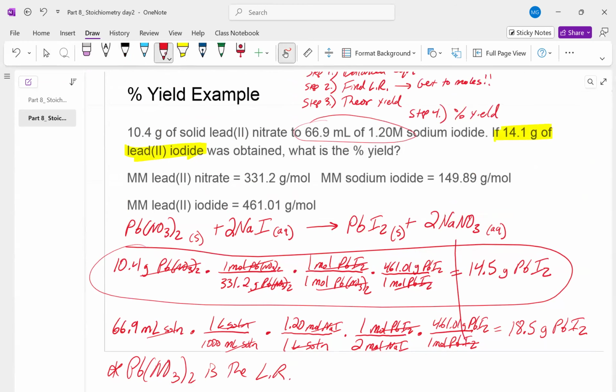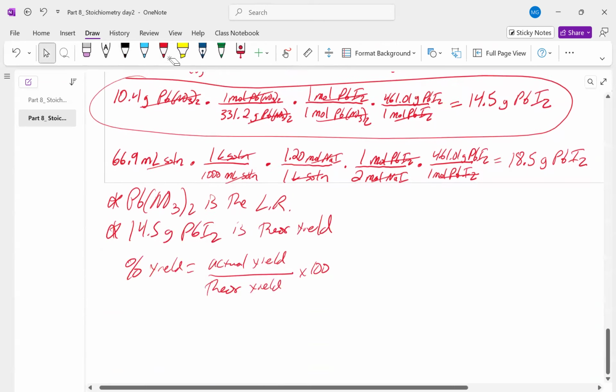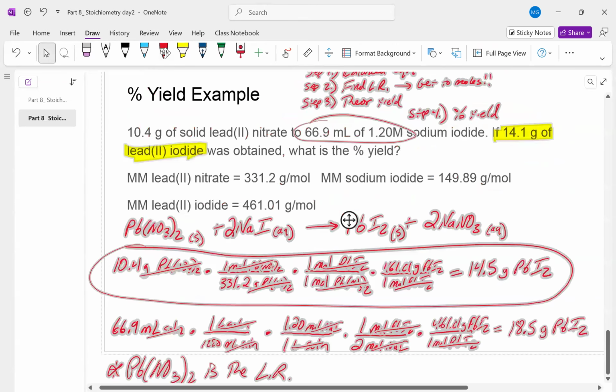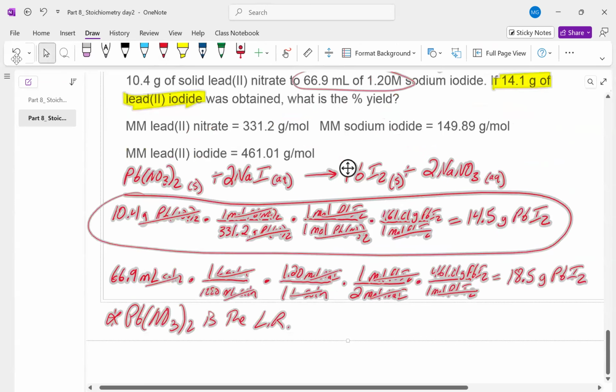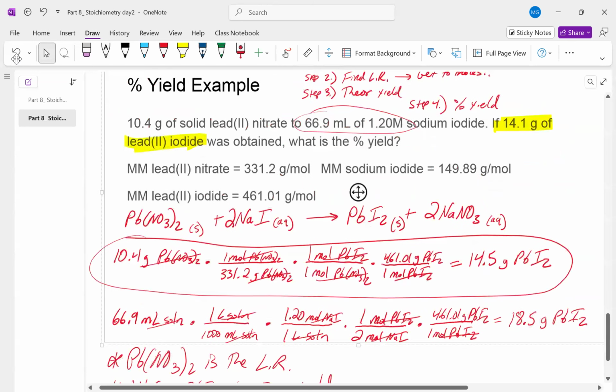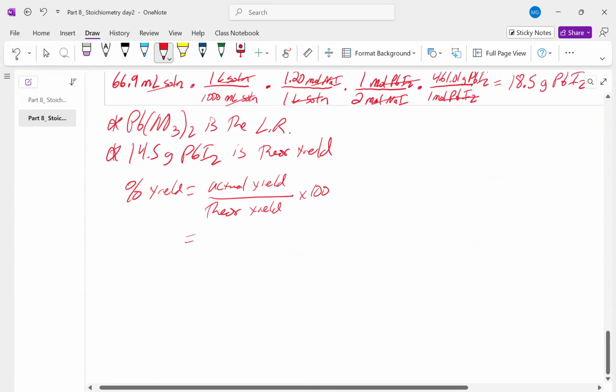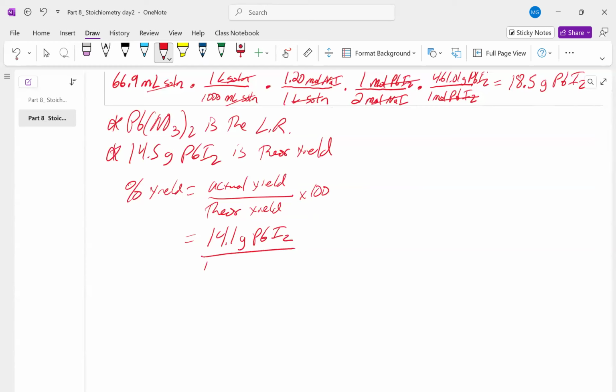So that's our actual yield. And our theoretical yield we just calculated was 14.5 grams. And then we're going to multiply that by 100 to put it into a percent. And that comes out to 97.2%.